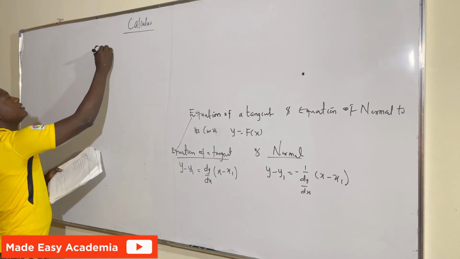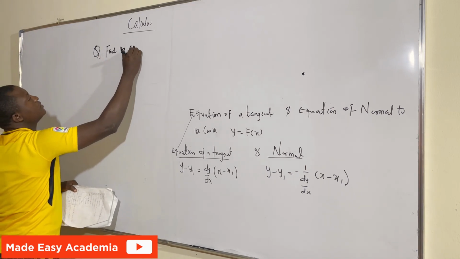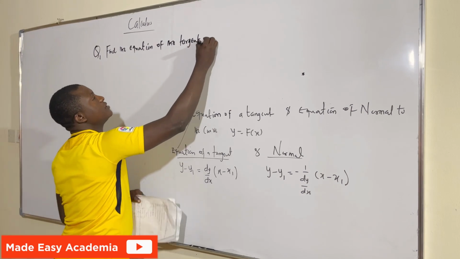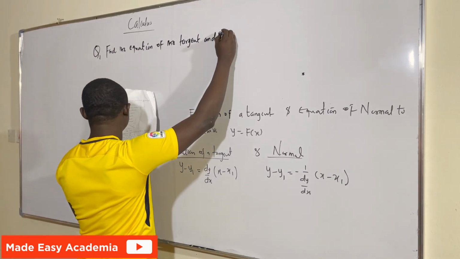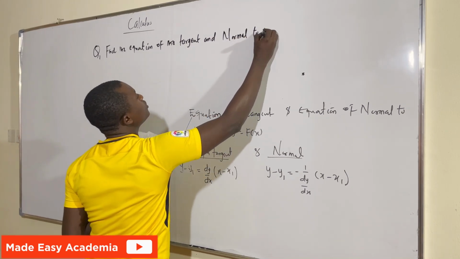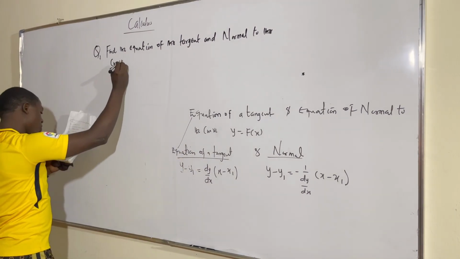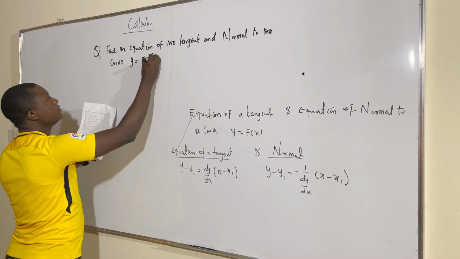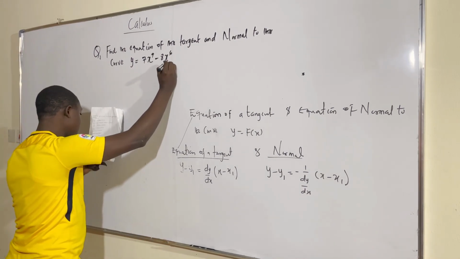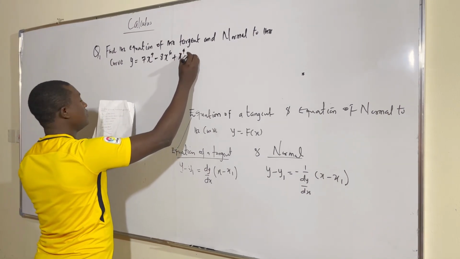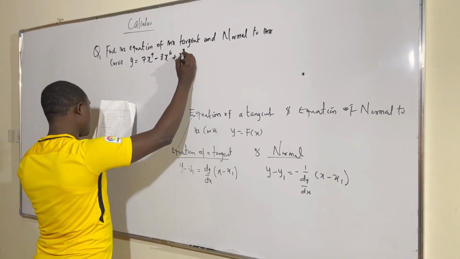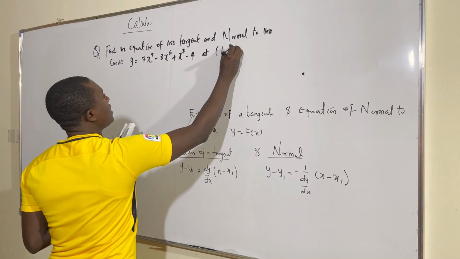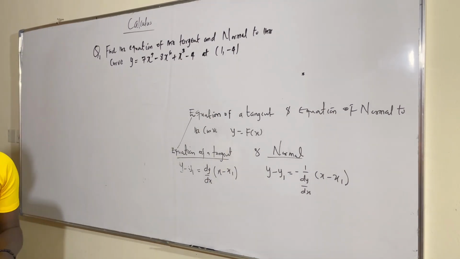Find the equation of the tangent and normal to the curve y is equal to 7x^7 minus 8x^6 plus x^3 minus 4 at (1, -4). So here, that means we are looking for two things.